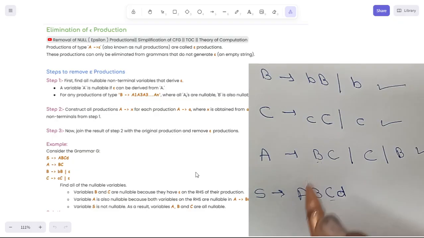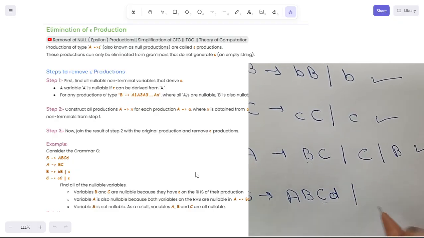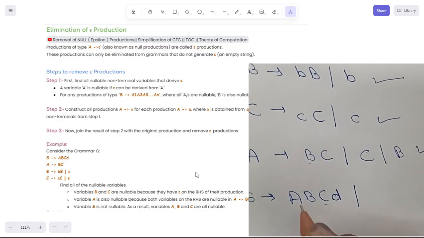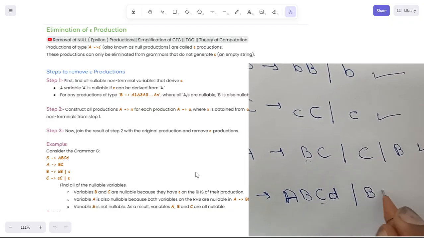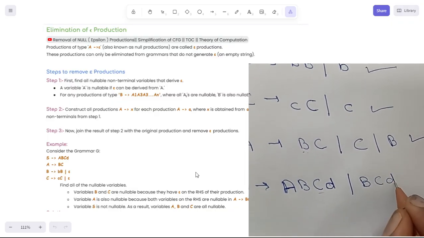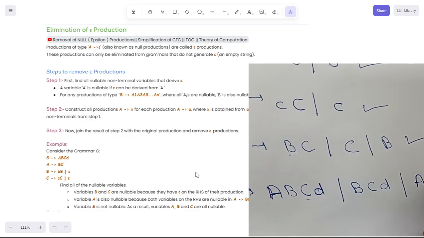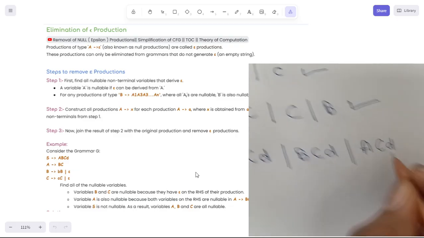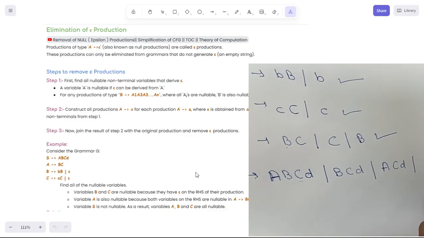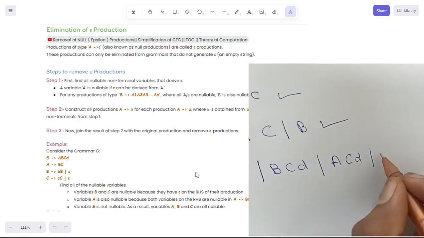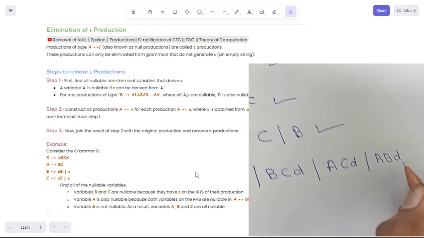Now, if I put the null productions of each nullable symbol, the new productions will be, first, if I put A as a null symbol, this will become capital B, C and small d, right? If I put B as a null symbol, it will become capital A, capital C, d, right? Now, if I put C as a null symbol, it will become capital A, capital B, and d, right?